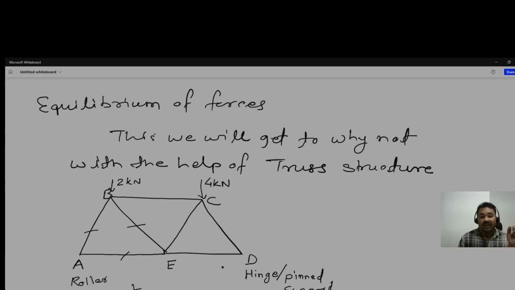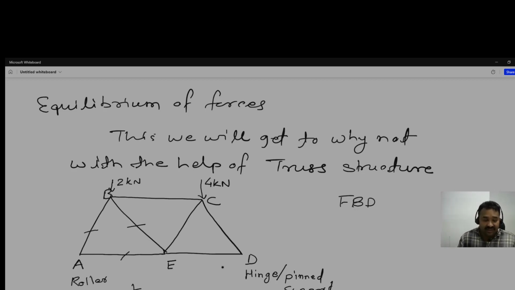Okay, so we need to remove the supports, as we have to draw the FBD. FBD means the free body diagram of the structure. So for that we need to remove the support reactions.